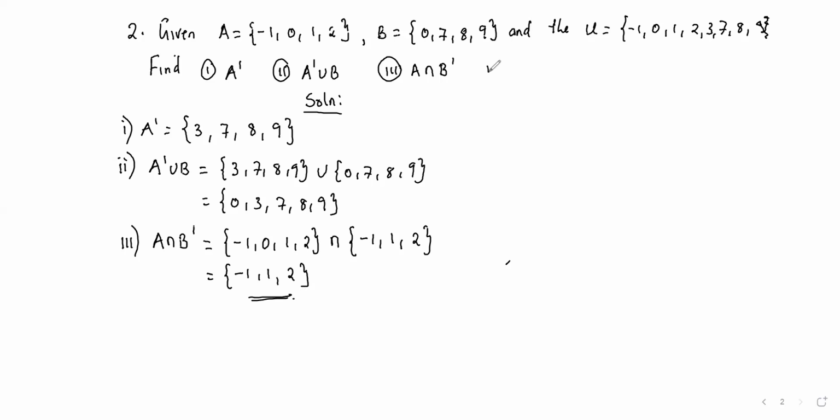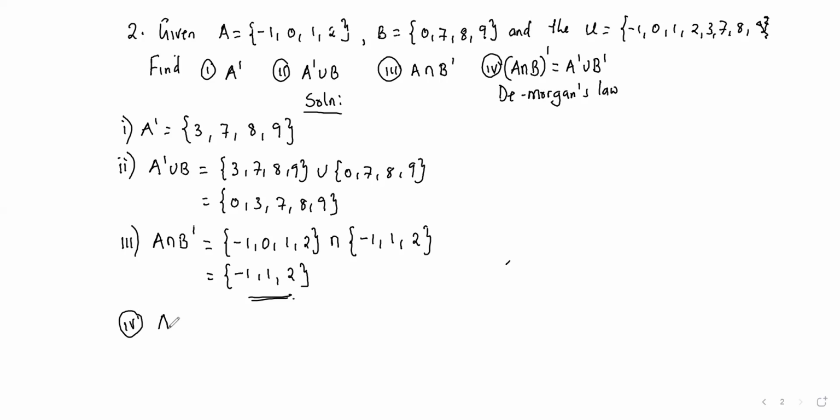So let's also try to understand these two laws. A intersection B complement is equal to A complement union B complement. That's De Morgan's law. So let's see if it's true.